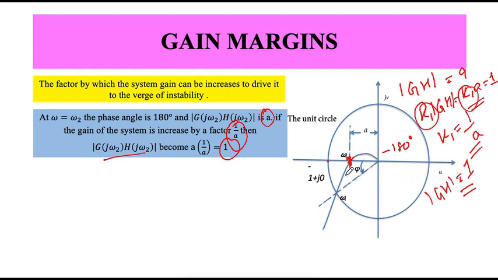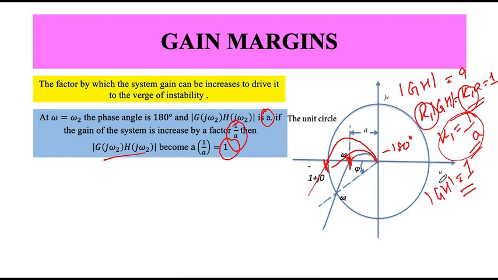So here, if I add more gain, it will show up here like this. This is multiplying by the actual magnitude A. When does that go to 1? That goes to 1 when this additional K1 equals 1 by A.